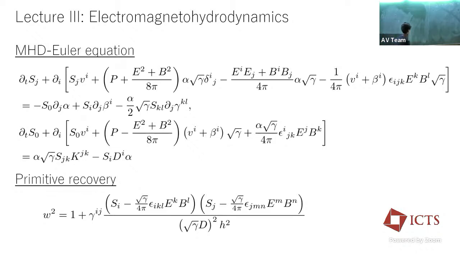Then the final task is to rewrite this part for S_i here. So these terms come from S_i minus 1 over π.